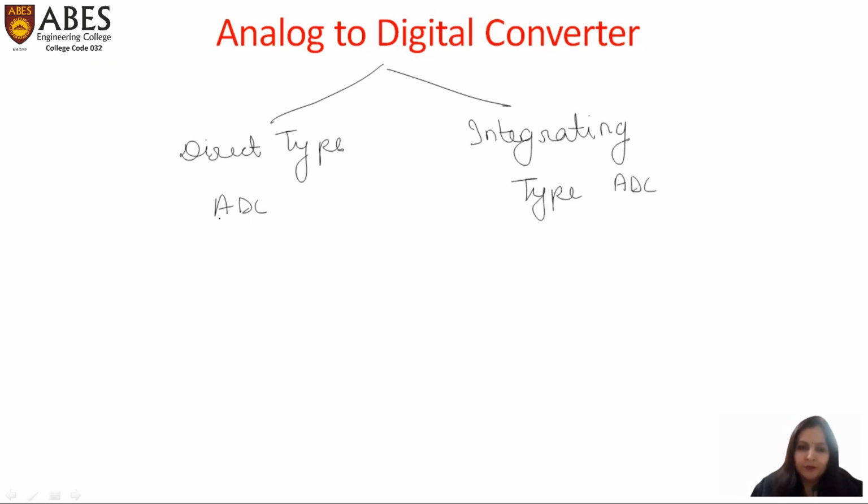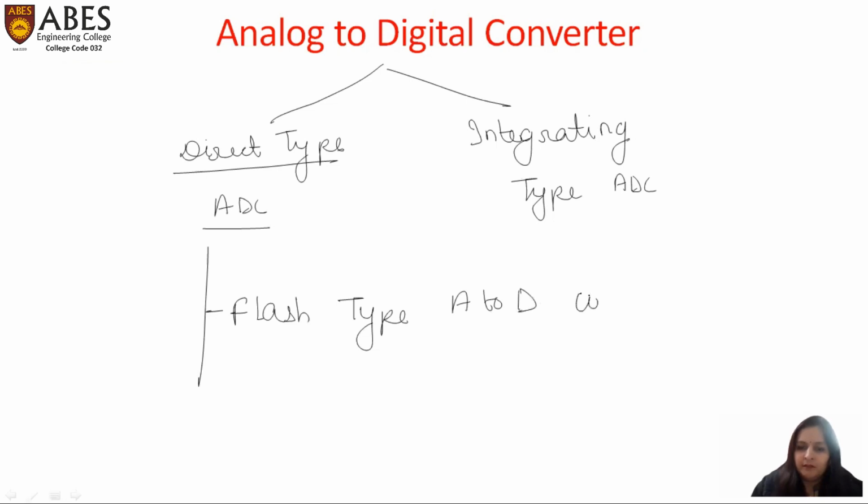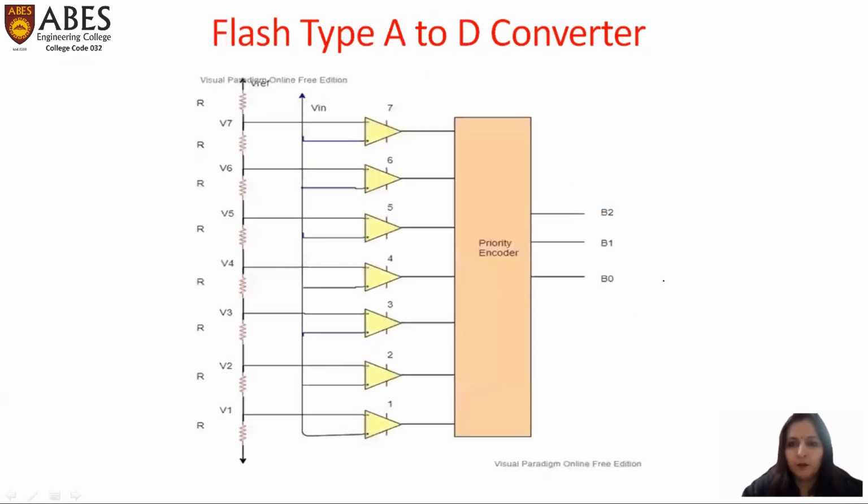Now the topic that we are going to discuss is a direct type ADC, that is the flash type A to D converter. There are lots more, but in this lecture we'll be discussing the flash type A to D converter.